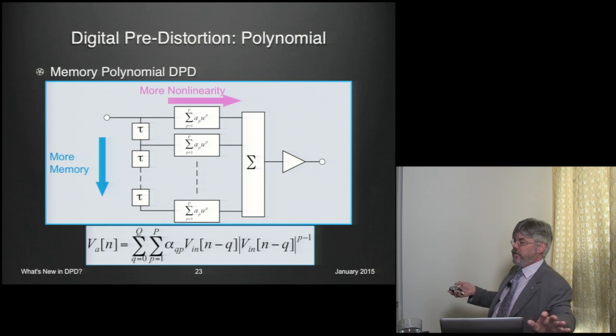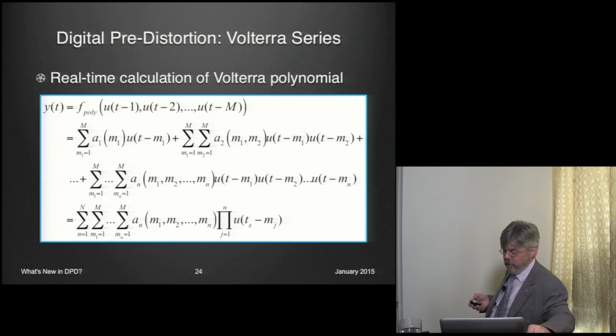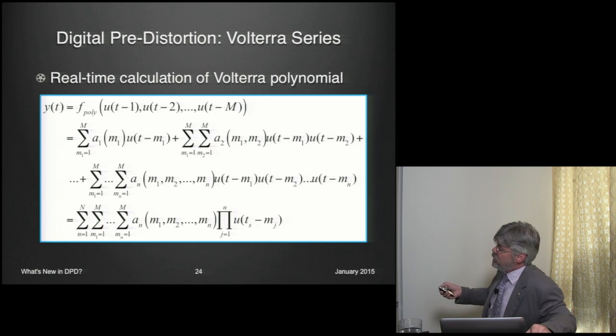It's great for relatively narrowband signals, but the memory effects, which are these delay elements here, are pretty rudimentary. A more general purpose nonlinear dynamic model is the Volterra series and modifications of that. You can see now, instead of these products all having the same delay, delay M1 and delay M2 can be different.